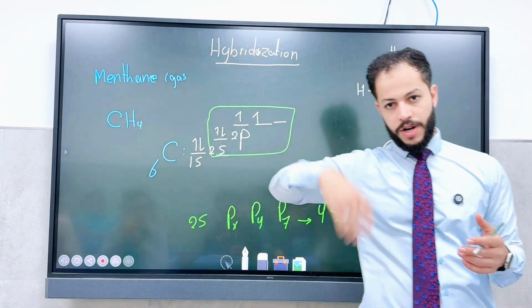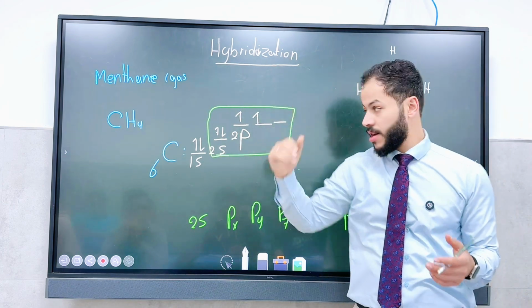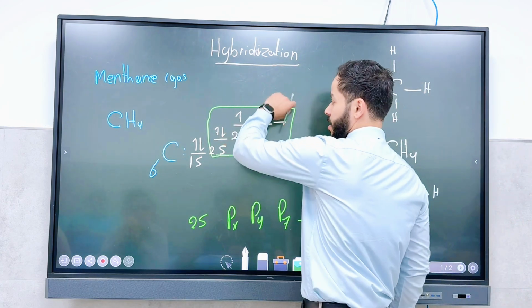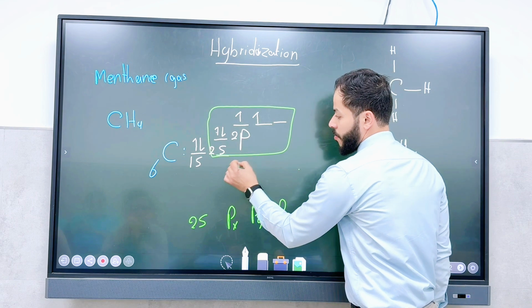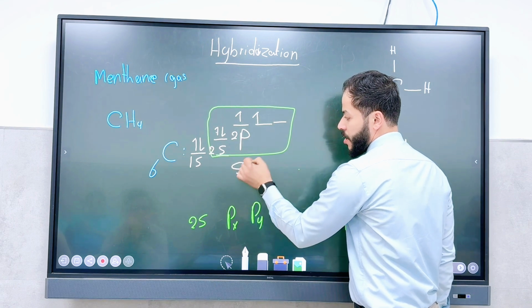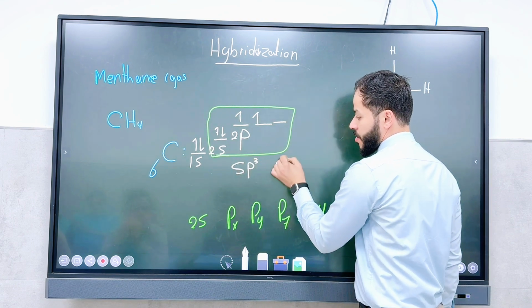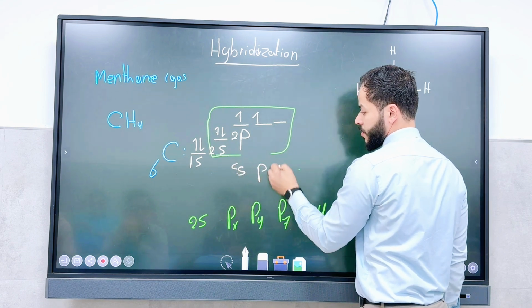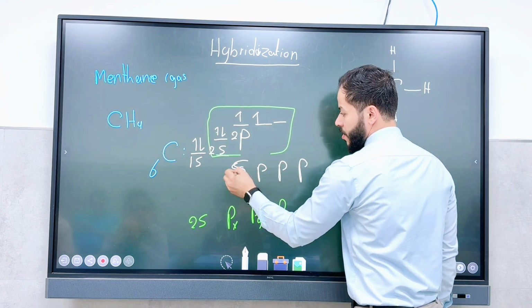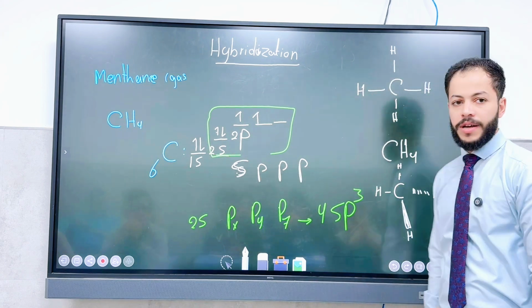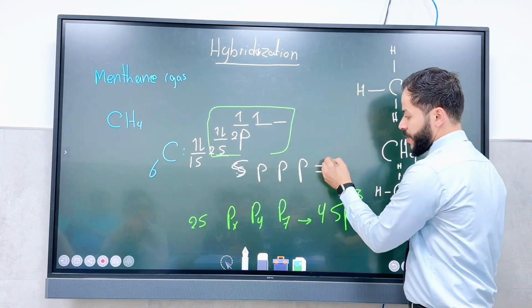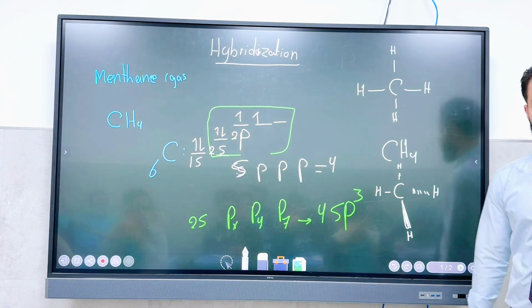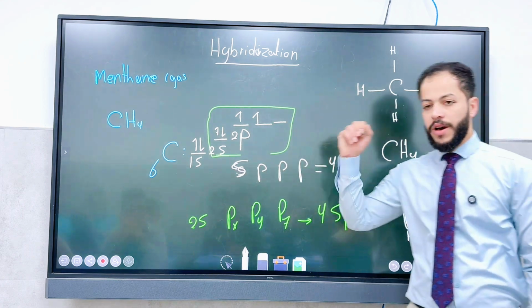They jump from the lower to the higher energy levels. And this is what happened here, to form sp3. In total, how many orbitals, guys? 4 orbitals, capable of forming how many bonds? 4 bonds.